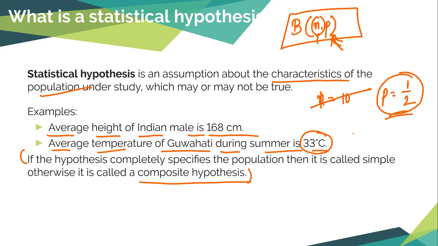But if your hypothesis is that n is equal to 10 and p is equal to half, we are specifying both parameters, and this kind of assumption is called a simple hypothesis. So a statistical hypothesis is a statement or assumption about the characteristics of the population, not the sample.